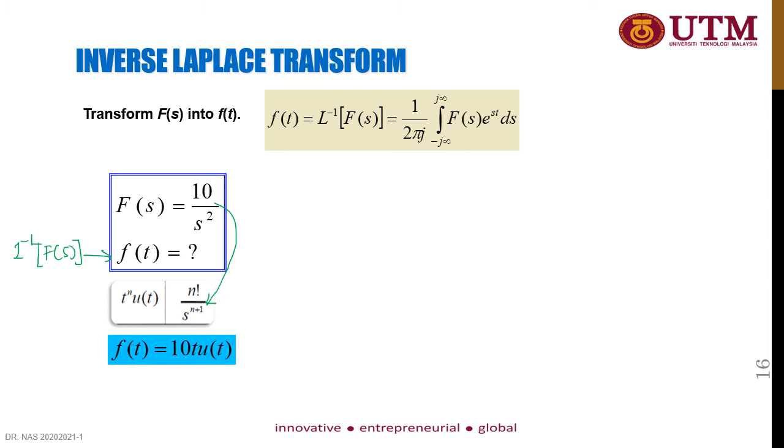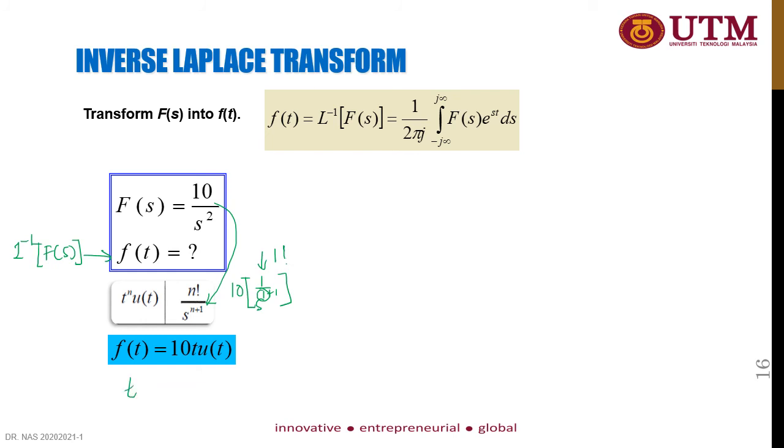Now you need to modify this equation a bit, so it becomes 1 over s to the power of 2. So 2 equal to 1 plus 1. From here you know that your n equal to 1. So here is 1 factorial.